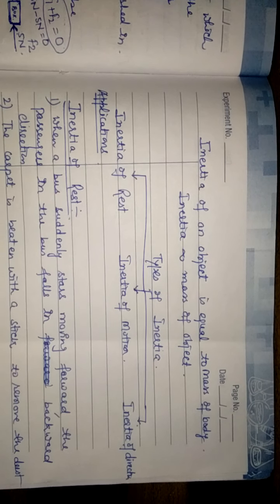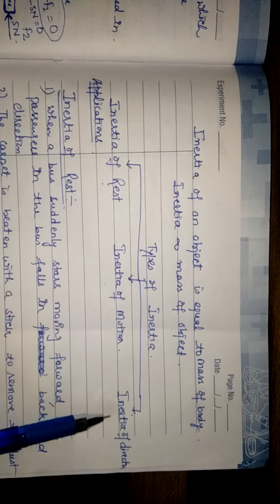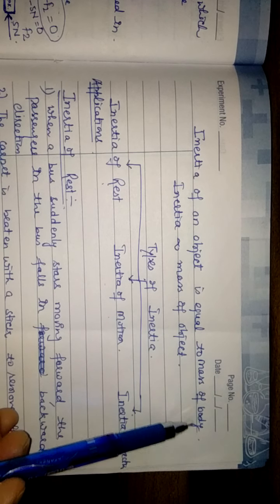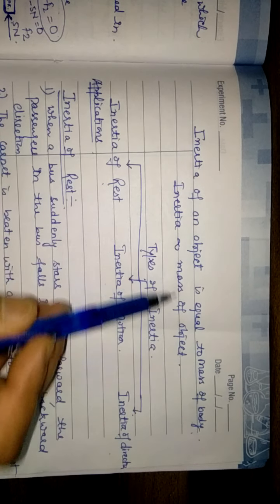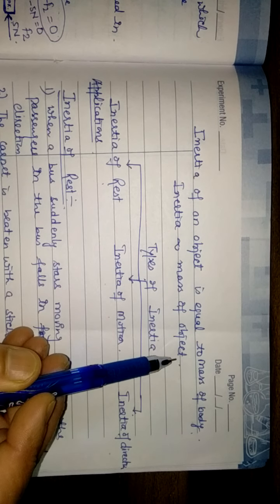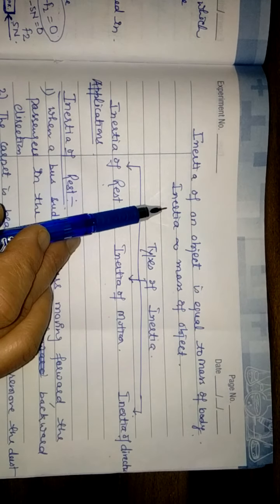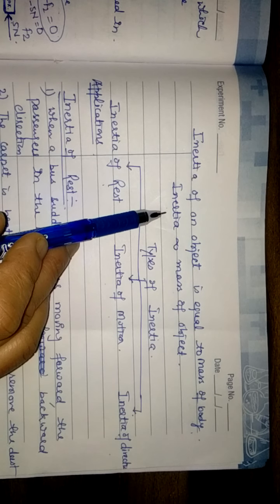Now, types of inertia. We have studied 3 types of inertia: inertia of rest, inertia of motion, and inertia of direction. Before this, what is the relation of inertia of an object with its mass? Students, inertia is directly proportional to the mass of the object. Greater the mass of the object, greater will be the inertia. Smaller the mass, smaller the inertia.